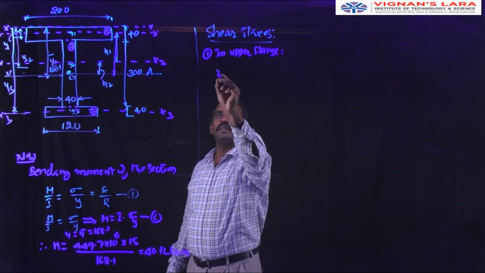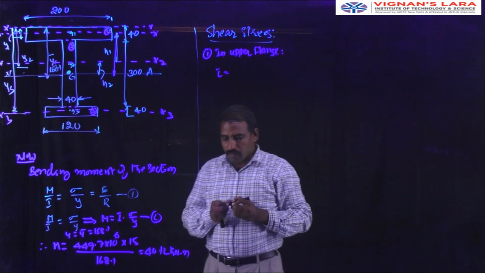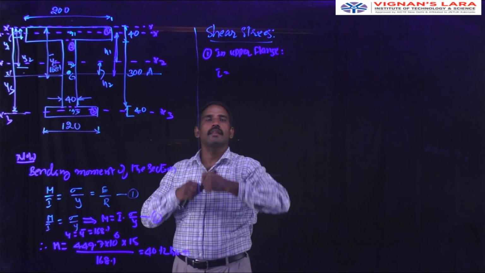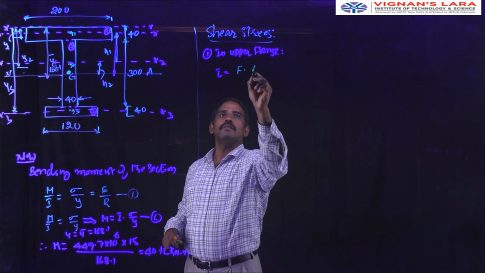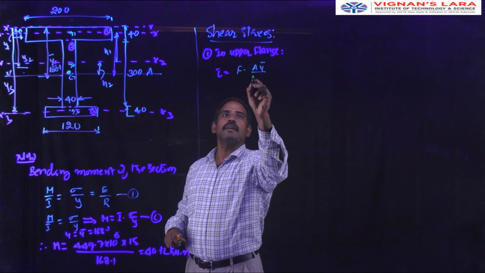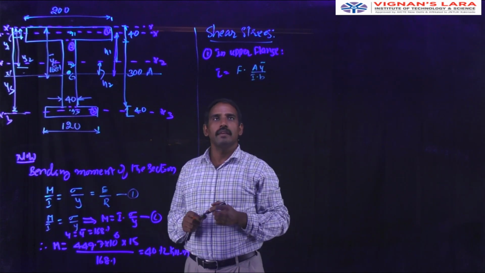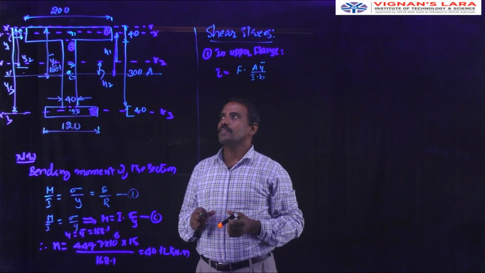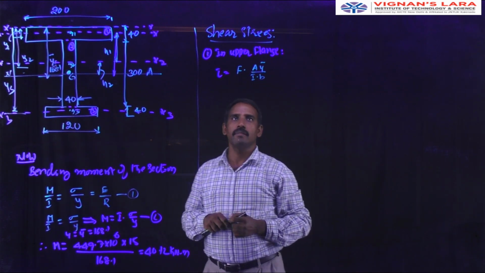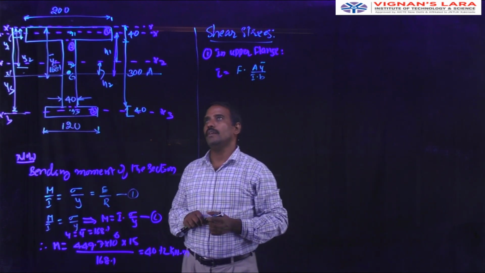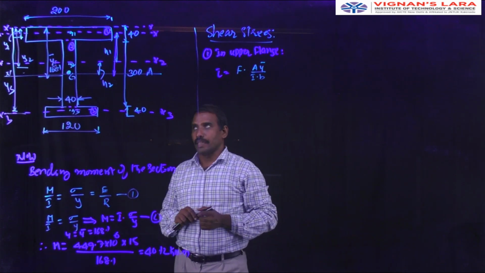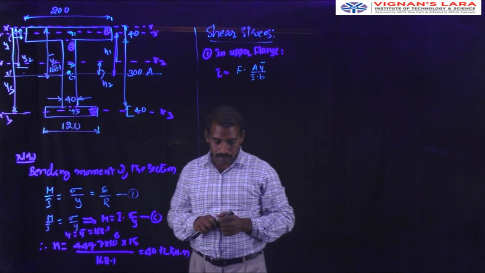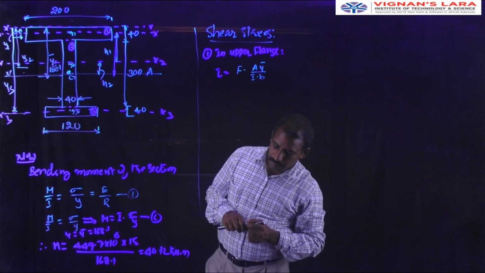We know that shear stress tau is equal to F into A y bar by I into B. Here we know the F value and I value. B is 200, and coming to A y bar, A is 200 by 40. What about the y bar? This is very, very important.